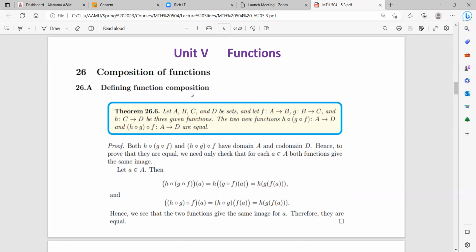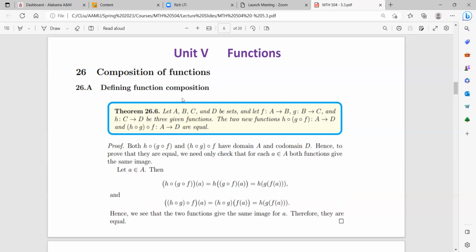Okay, so the next thing is the theorem that shows that although composition of functions is not commutative in general, it is associative. All right. Actually, we talked about that in the other class.